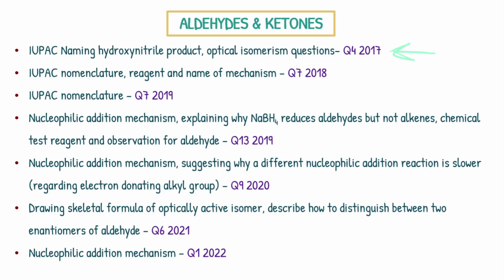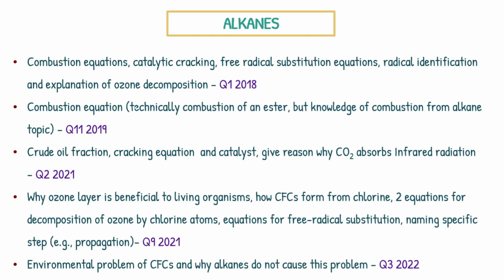Very similar to this question right here, sort of repeating itself really, but with some skeletal stuff thrown in. And then we have nucleophilic addition again. So try and learn that mechanism. I have a video that goes through every single curly arrow mechanism you need to know for paper 2. So feel free to check that out or whatever video you want to watch on it, but try and learn those mechanisms the best you can.